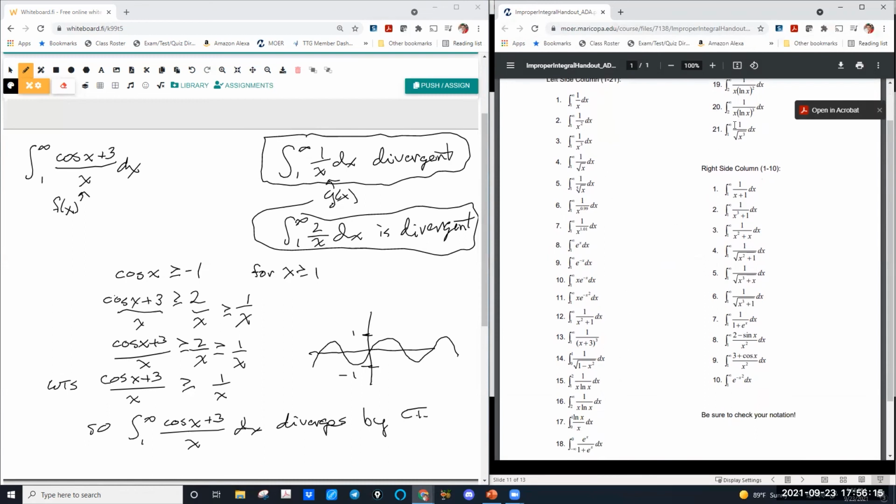All of these are ones that you guys can calculate. Some of them use u-sub, some of them use integration by parts to find the antiderivative. But remember, all you're doing is taking the improper integral, making it a proper integral, taking the antiderivative using the fundamental theorem, and then taking the limit.